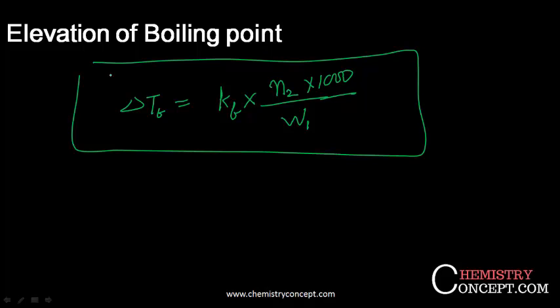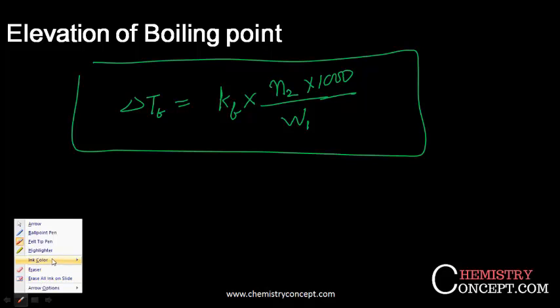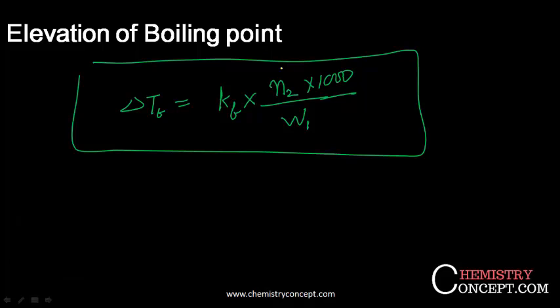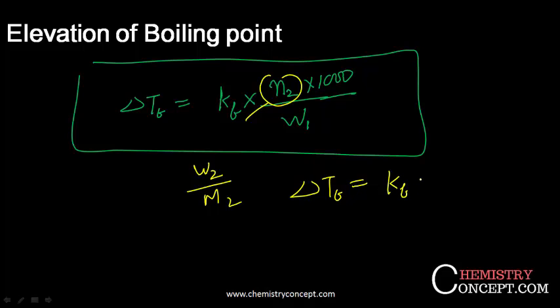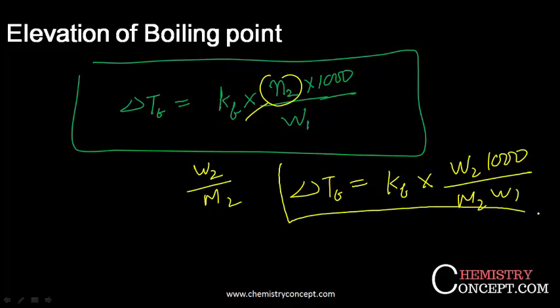Okay, and if I want to write it in terms of molar mass, in that case the number of moles is equal to W2 by M2, so delta TB will be equal to KB into W2 into 1000 by M2 W1.